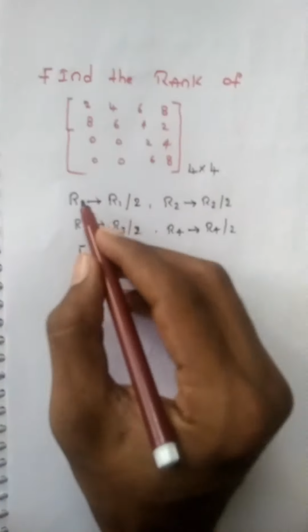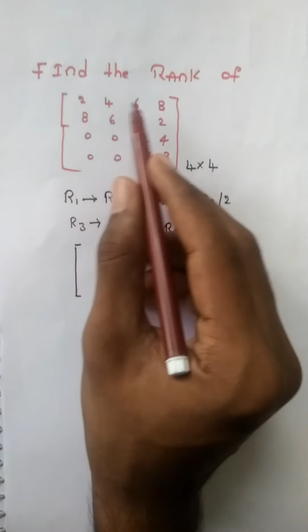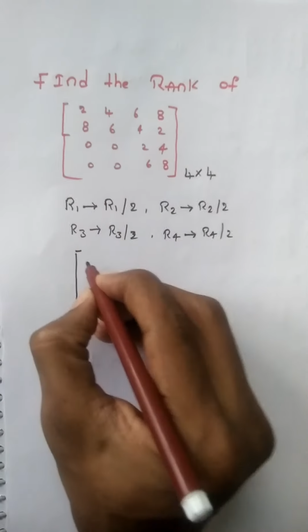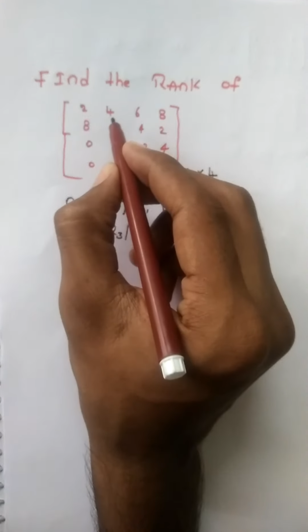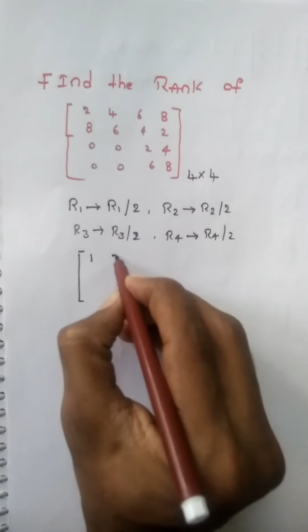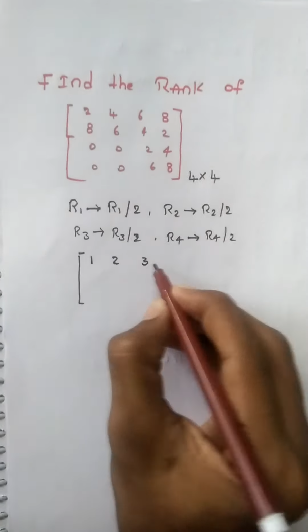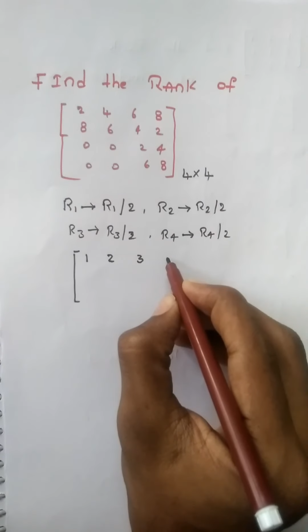R1 divided by 2: 2 by 2 equals 1, 4 by 2 equals 2, 6 by 2 equals 3, 8 by 2 equals 4.